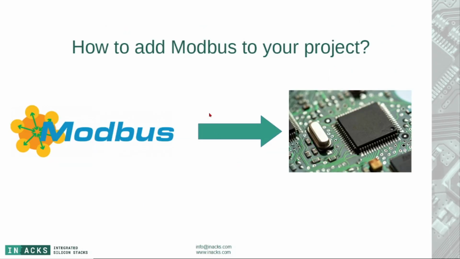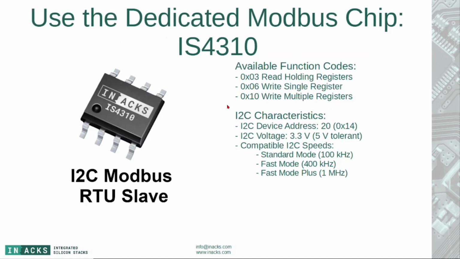You can write the solenoid state, or you can read the sensor data. And how do you do that? How do you add Modbus to your microcontroller, to your embedded computer, to your FPGA? One of the easiest ways, and the one that we present here, is to use the dedicated Modbus chip IS4310, which is a chip that embeds the Modbus RTU Slave stack.